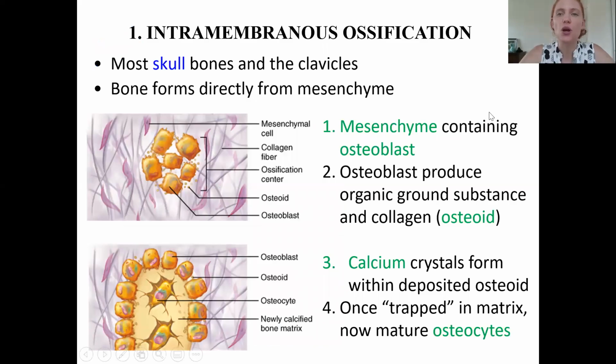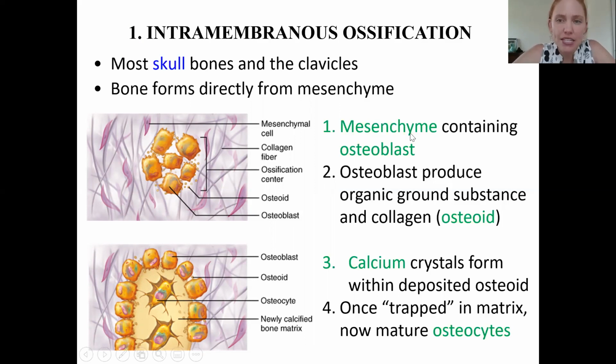Okay, so intramembranous ossification. The skull bones are going to be created this way, and also the clavicles here. It's called intramembranous ossification, as I mentioned, because it comes from a membrane-like structure that's made out of mesenchyme.